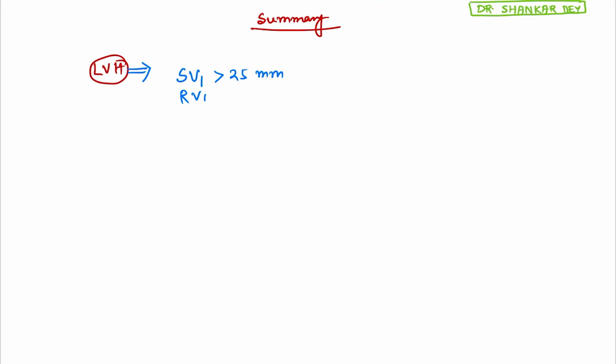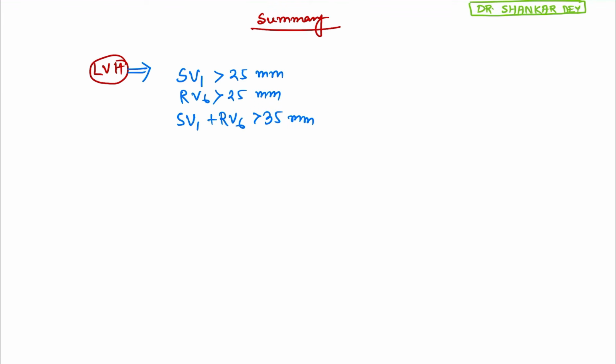So how to calculate? Let's summarize. What is the summary? If there is left ventricular hypertrophy, how to determine? In case of left ventricular hypertrophy, either S in V1 is more than 25 millimeter, or R in V6 is more than 25 millimeter, or the summation of these two, SV1 plus RV6, is more than 35 millimeter.